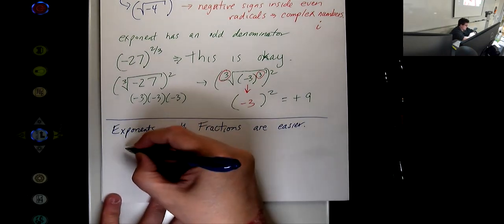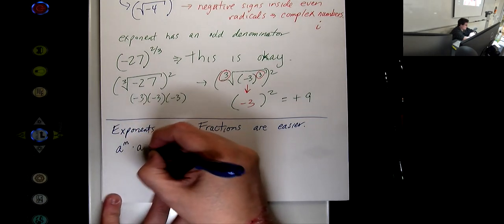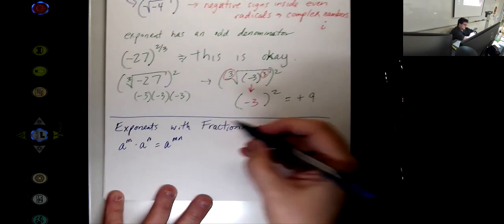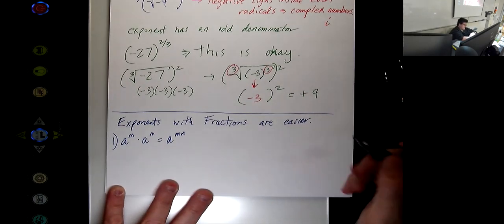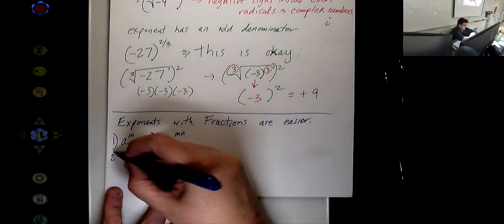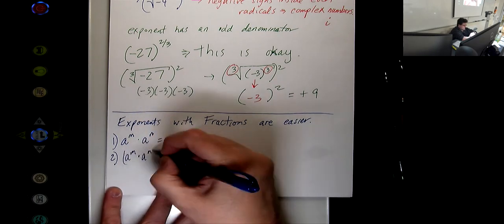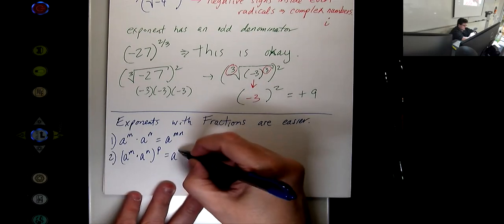So let's just make a quick summary of the rules. We have a to the m times a to the n equals a to the m plus n. We'll call that rule 1. If I have that to a power, a to the m times a to the n, and I raise that to, let's say, a p, we have to distribute the p.